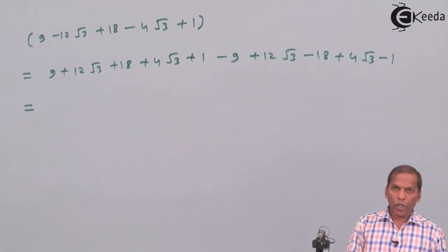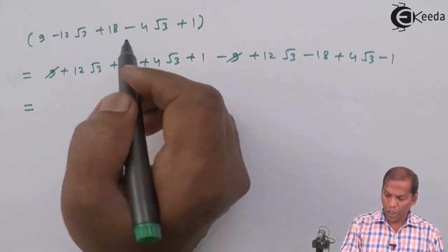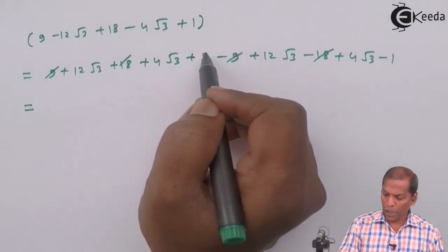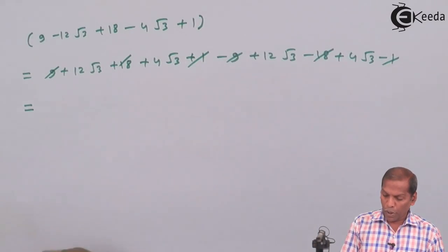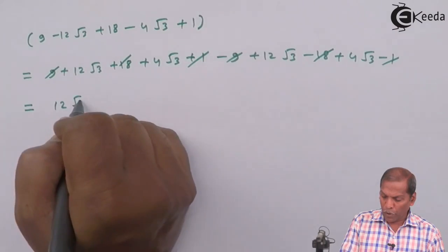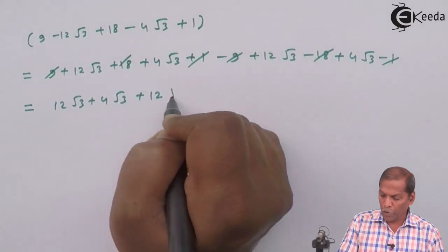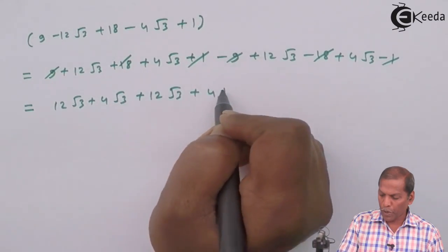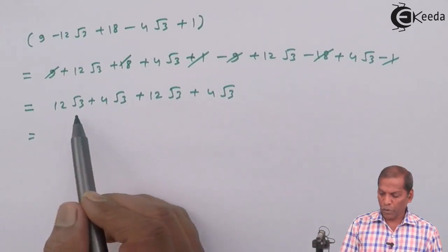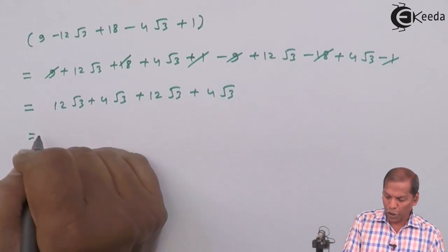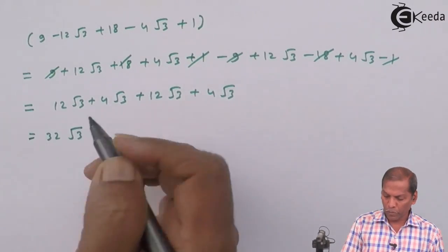The next step will be, now here we cancel plus 9 and minus 9, at the same time plus 18 minus 18, plus 1 minus 1. And the remaining term is 12 root 3 plus 4 root 3, again 12 root 3 plus 4 root 3. Now 12 plus 4 is 16, and 16 plus 16 is 32. So it is equal to 32 root 3.